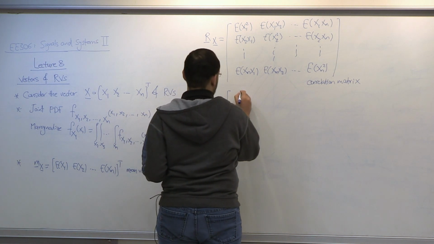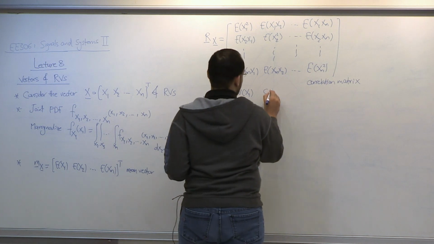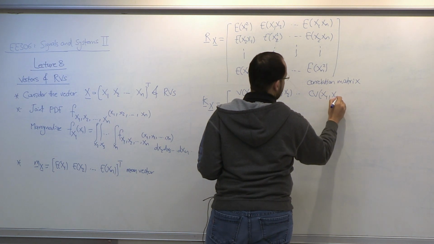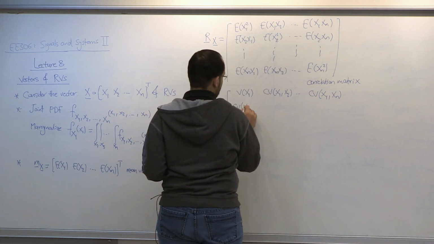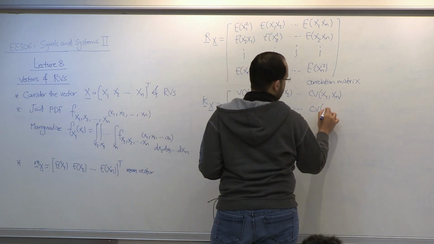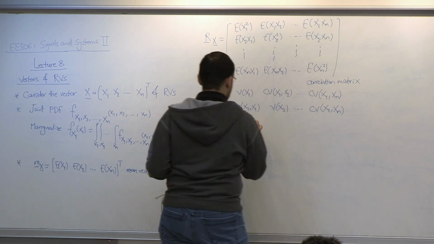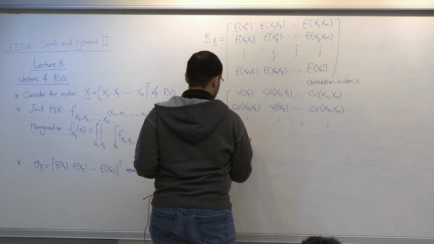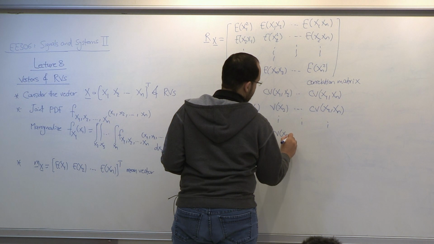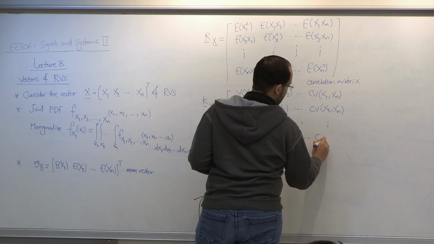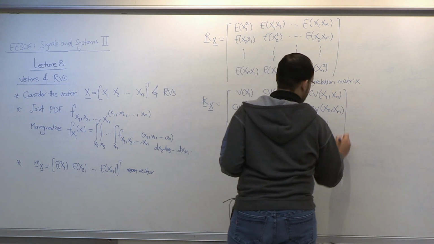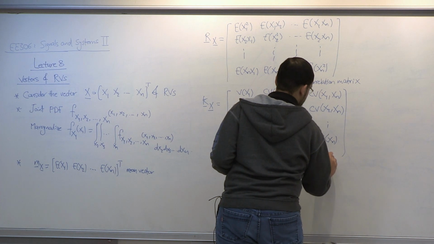It is the variance of X1, covariance of X1, X2, up to covariance of X1, Xn; covariance of X2, X1, variance of X2, up to covariance of X2, Xn; and then covariance of Xn, X1, covariance of Xn, X2, up to the variance of Xn. This is called the covariance matrix.